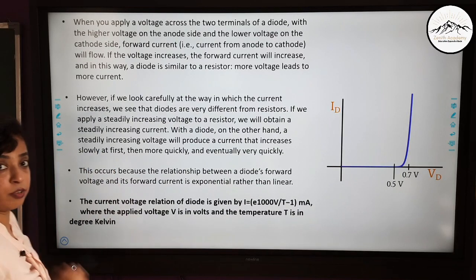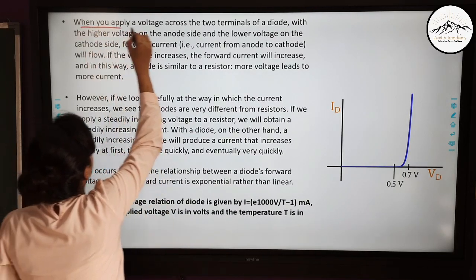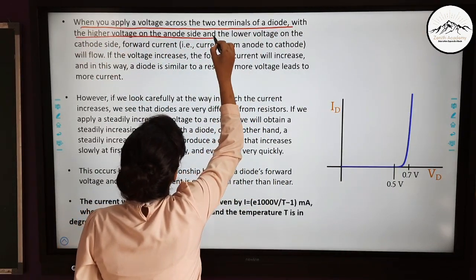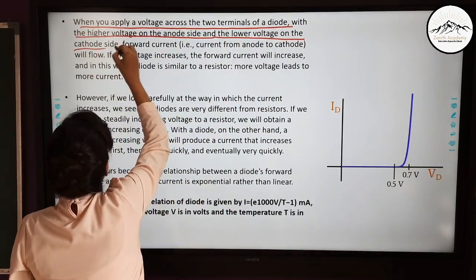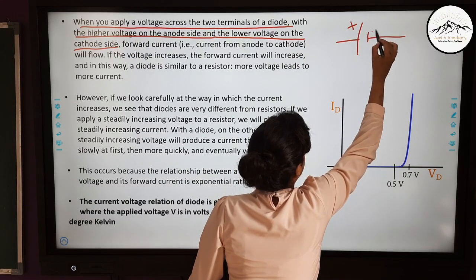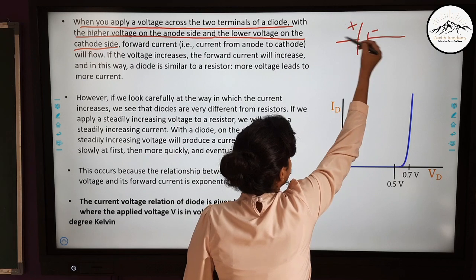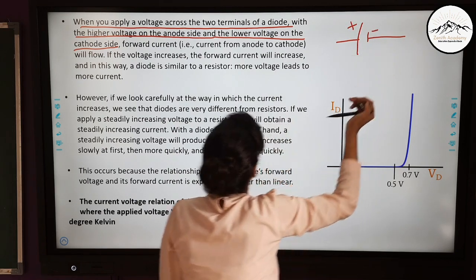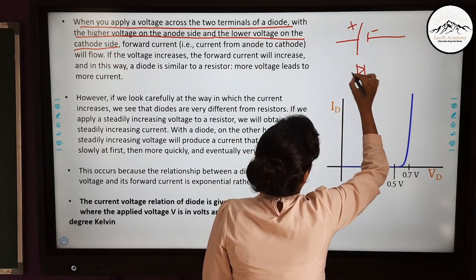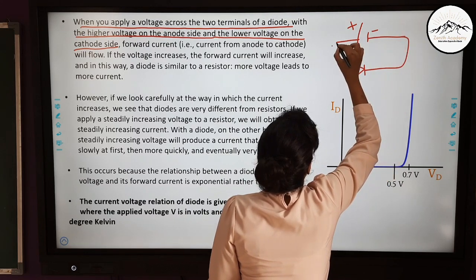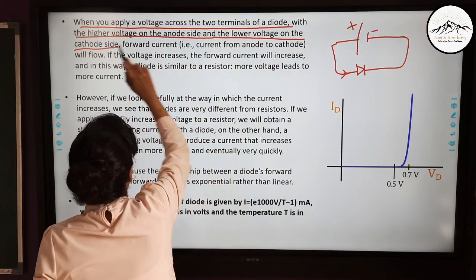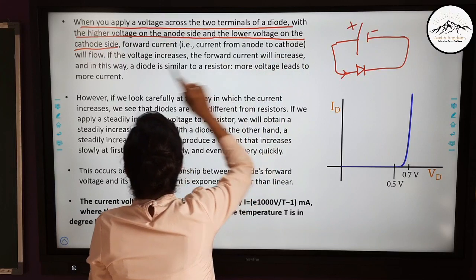The very important point that you should remember for diodes is this: when you apply a voltage across two terminals of a diode with higher voltage on the anode side and lower voltage on the cathode side, we know that in a circuit, positive is anode, negative is cathode, and positive is always at higher potential and negative is always at lower potential. Suppose this is a diode.